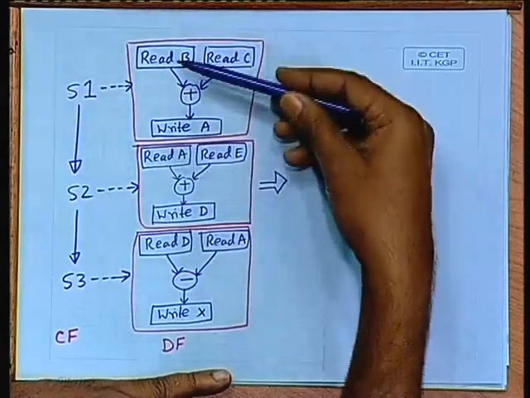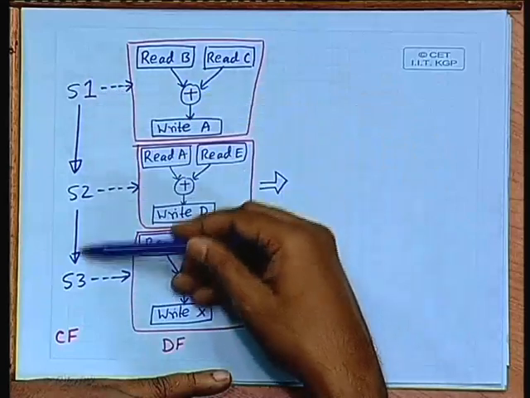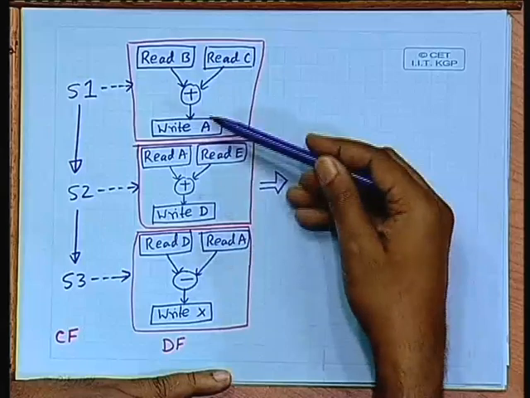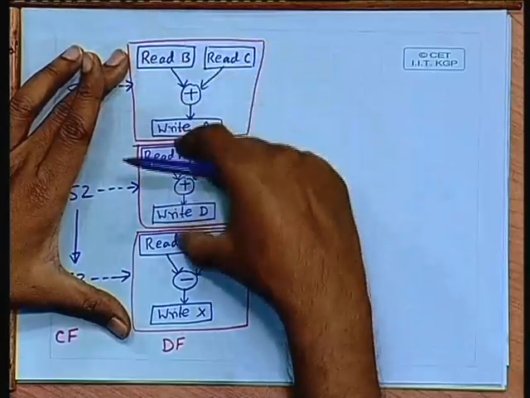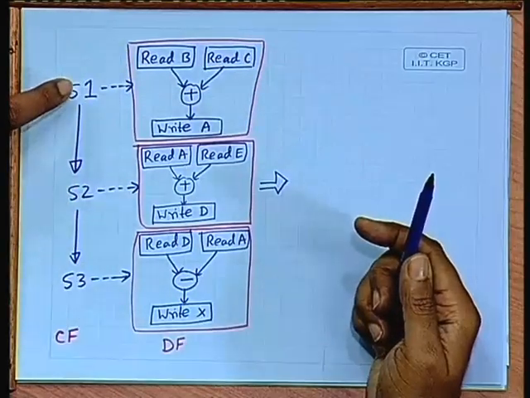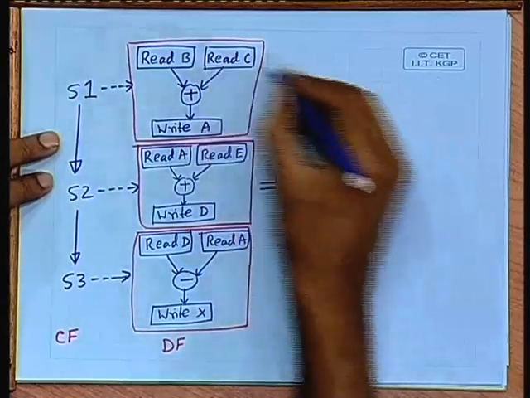You can carry out very simple manipulation on this, keeping this control flow description in mind, and carry out some optimization. What I am saying is that this DFG can be optimized looking into the fact that S1, S2, S3 have to be executed in sequence, and you can get an optimized version like this.